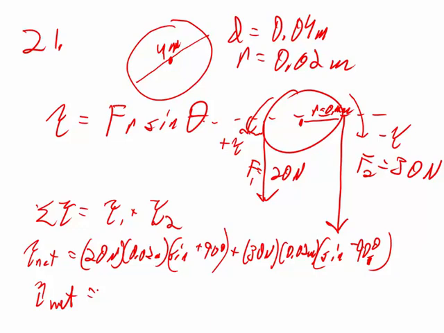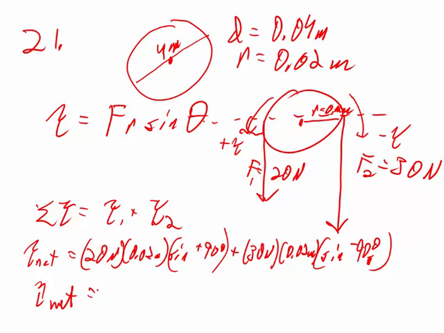All right, so we've got 20 times 0.02 times sine of, I need to put all that in parentheses too. All right, so we got 20 times 0.02 times sine of positive 90, plus, do parentheses again, 30 times 0.02 times what?